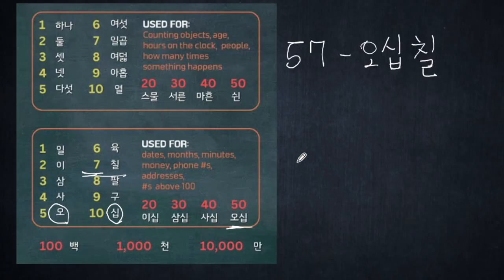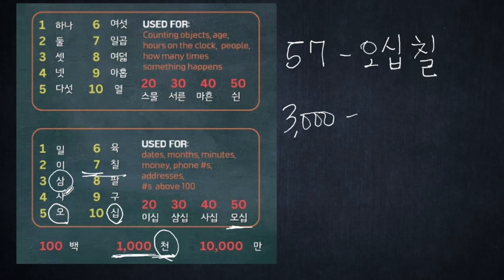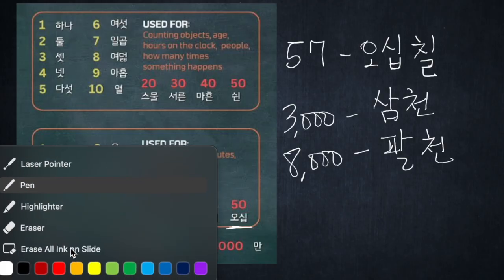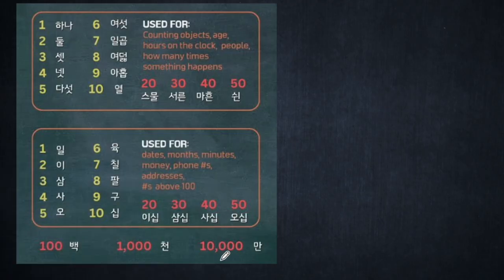How would you say 3,000? 1,000 is this 천, but three of them. 3,000. How would you say 8,000? 8 is 8. 8,000. Okay.